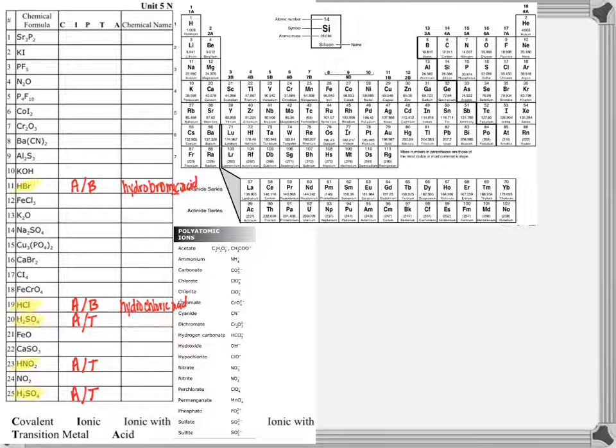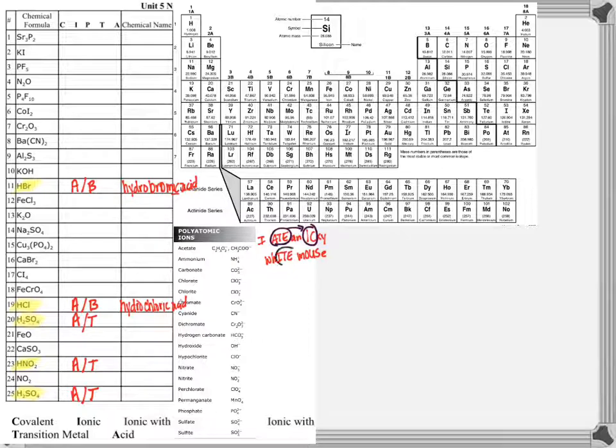Next we have ternary acids, and we wrote the little sentence, "I ate an icky white mouse," which means that our polyatomic ion's name in this case will be changing from ate to ic.